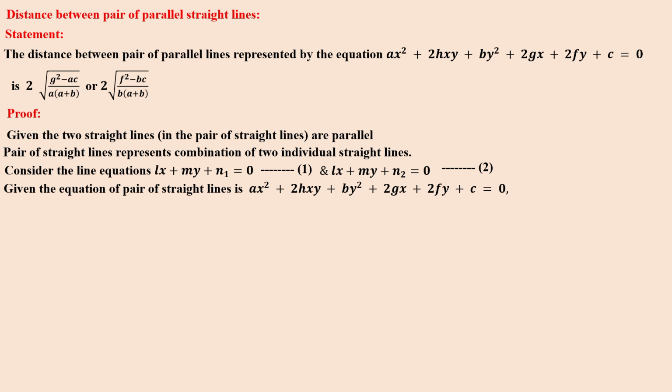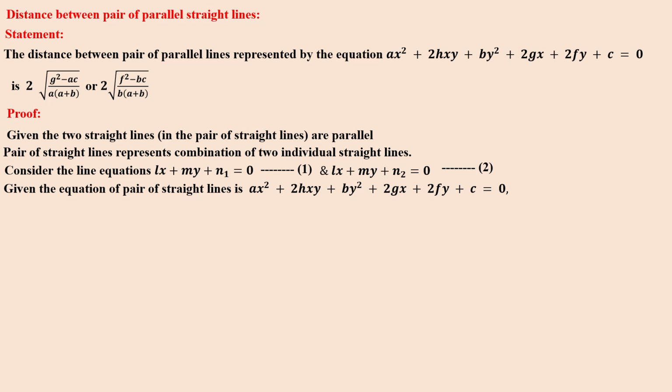Note that here we are taking Lx + My + N1 = 0, just changing the constant term. The second equation is also the same, Lx + My + N2. So the difference is only in the constant term, because these two lines are parallel to each other.